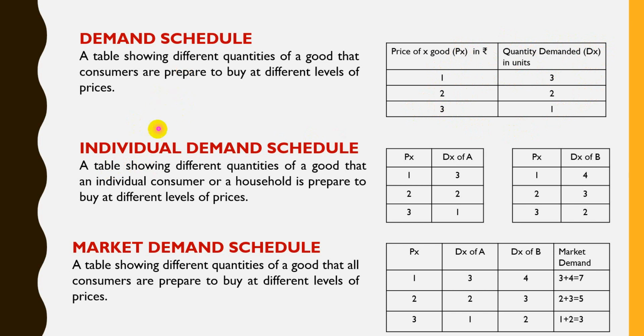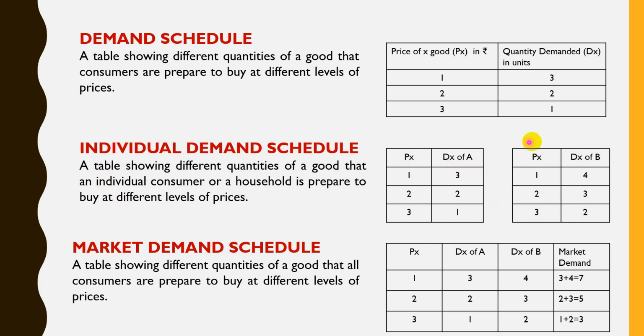Demand schedule is of two types. Individual demand schedule refers to a table showing different quantities of a good that an individual consumer or a household is prepared to buy at different levels of prices. We have considered two individuals, A and B, and we have two tables, that is, two individual demand schedules.